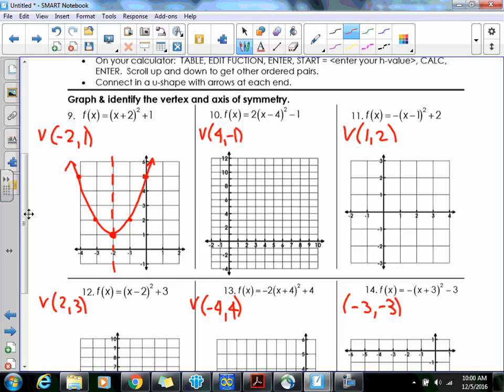Now, the vertex, which is negative 2, 1. Now you're going to look for points around negative 2, 1. So she went up 1, to negative 3, and if you got 1 more, negative 4, 1.